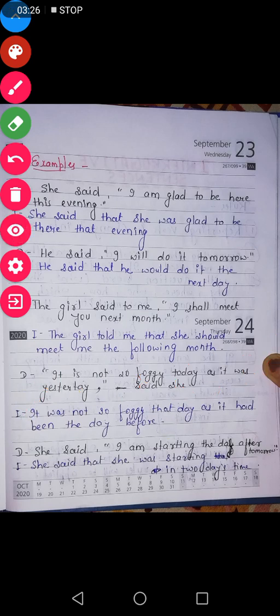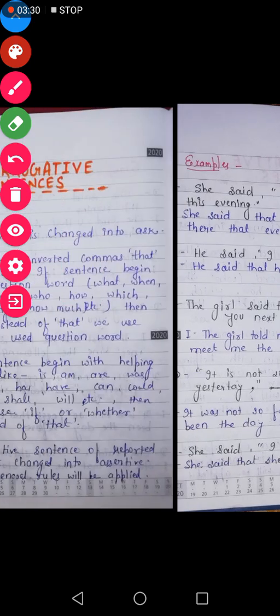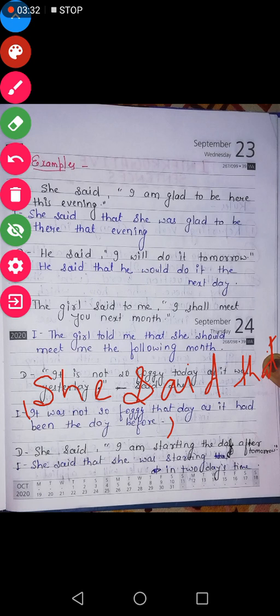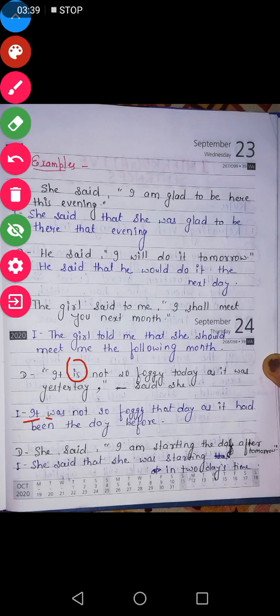So how has it been done? She said that "it" will not be changed, right? It will remain the same. "Is" changes into "was." So it was not so foggy today. "Today" changes into "that day." So it was not so foggy that day as it was.